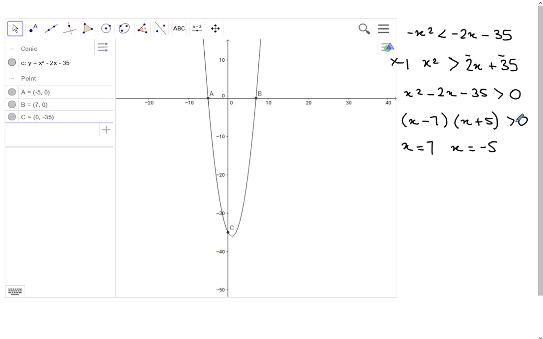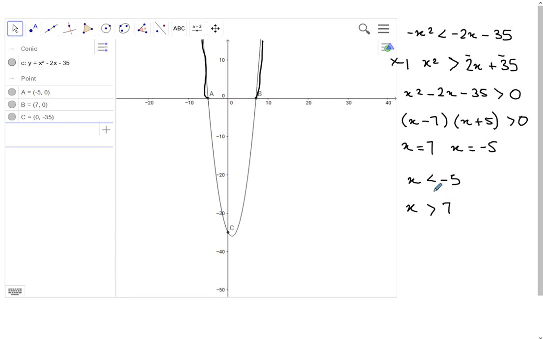Okay, we want it greater than 0, so you can tell it'll be there or there. So x would be less than minus 5, or x would be greater than 7.